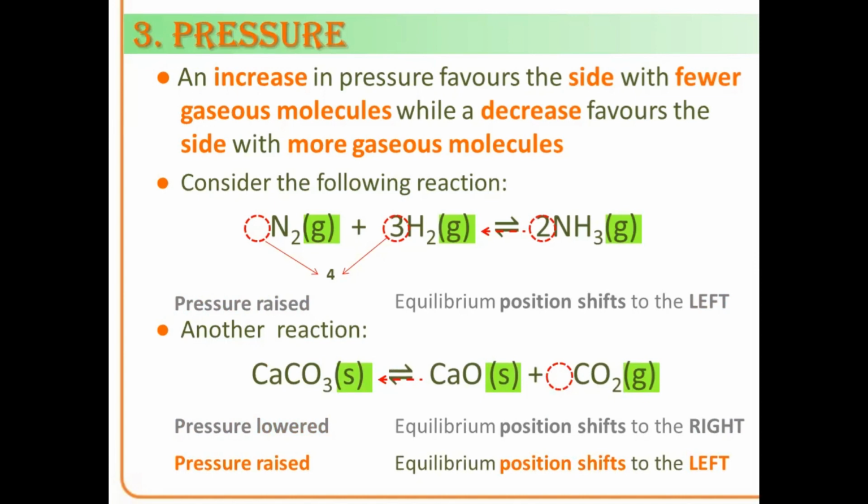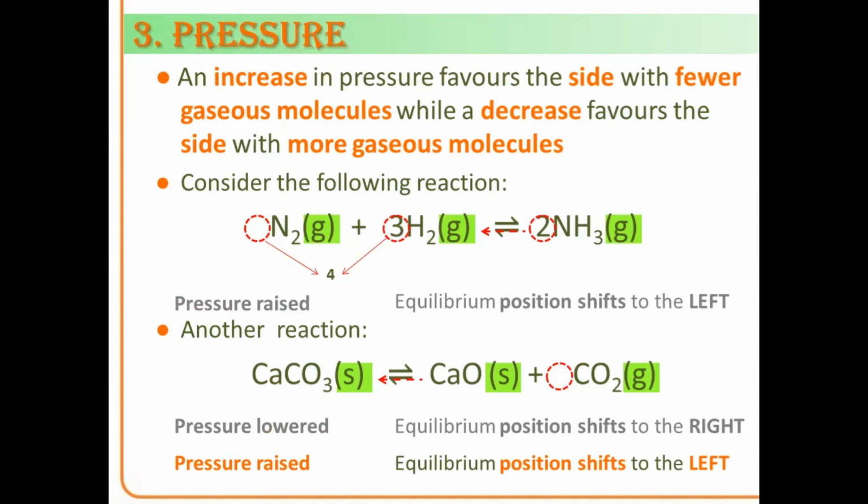No gas, pressure has no effect. That's the first situation. The second scenario where pressure has no effect is when the number of moles of gas on the left and on the right are equal. If the number of moles of gas on the left and the right-hand side are equal, changes in pressure will not have any effect on the reaction.